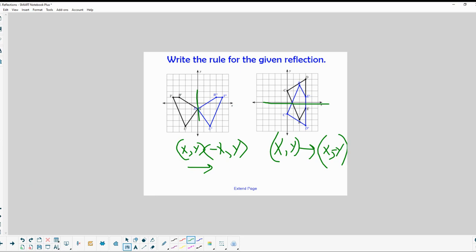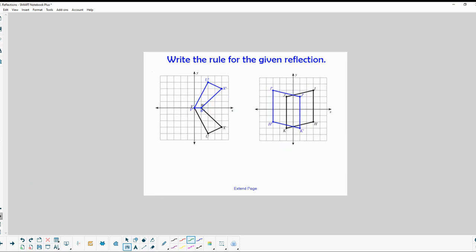So there we go. A couple more. Looks like you're switching across the x-axis again. So x comma y becomes x comma negative y.